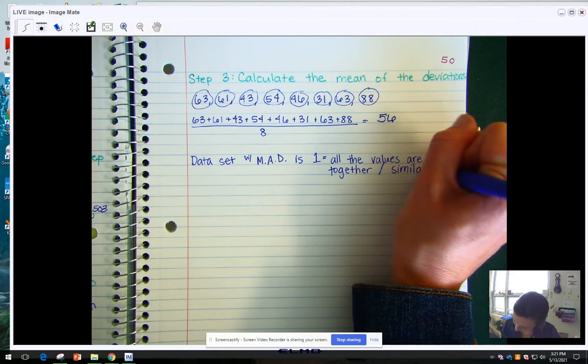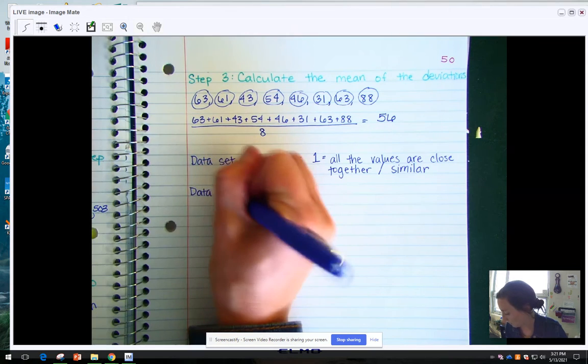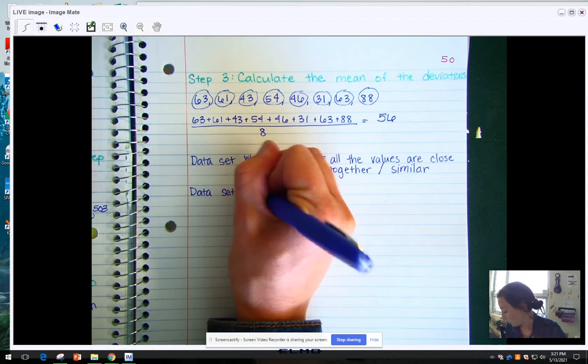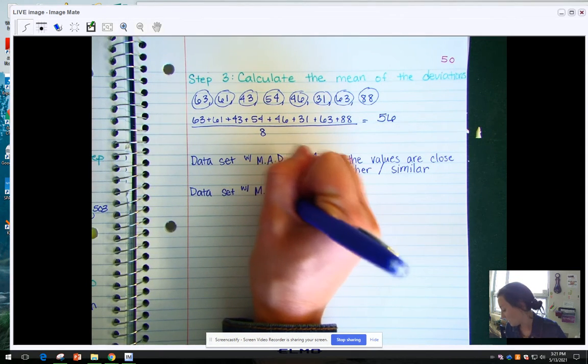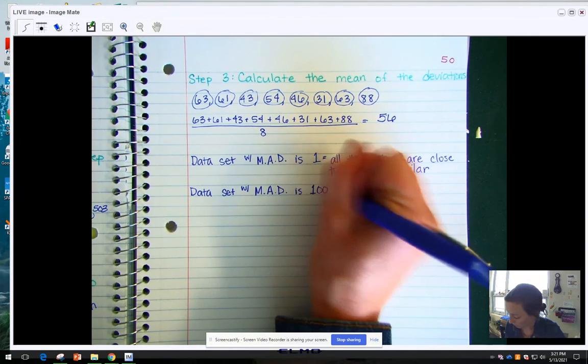We have something with a mean absolute deviation of 100, that tells us that the data is very different. It's spread apart.